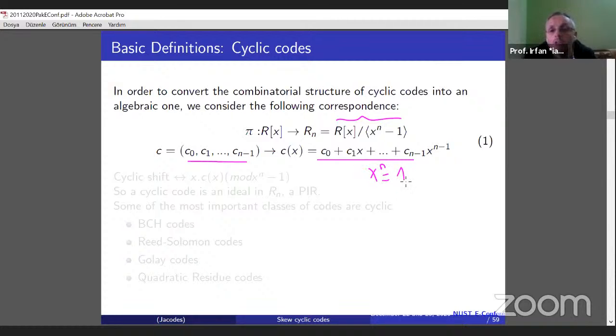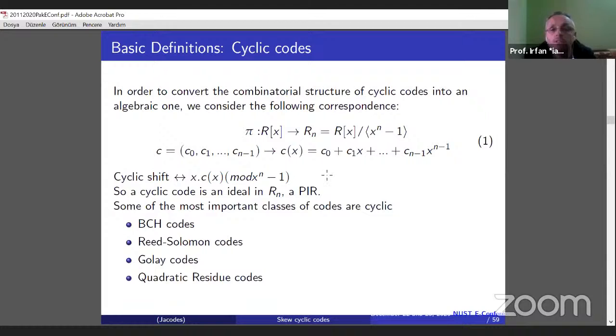So really, we are working in a quotient ring. And having this in mind, the next thing we're going to see is that this is not just a subset now, a cyclic code is an ideal in this particular ring. So being an ideal will give us algebraic tools to understand it better.